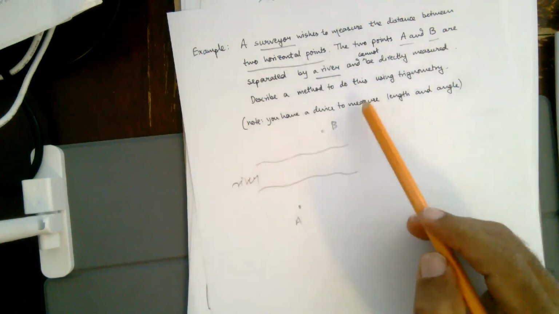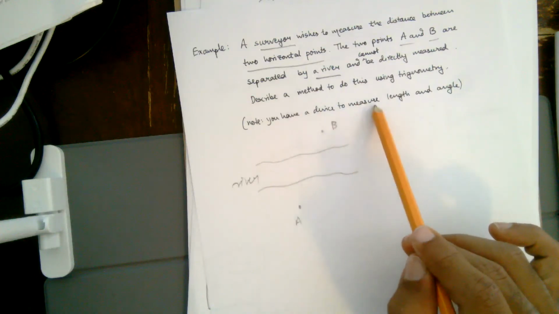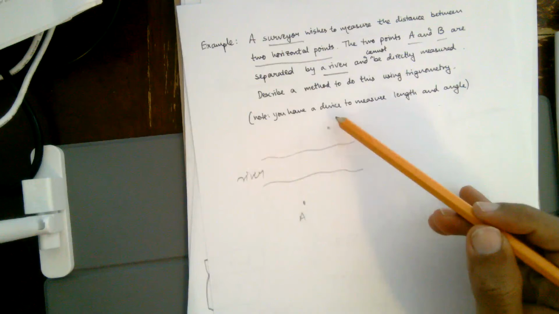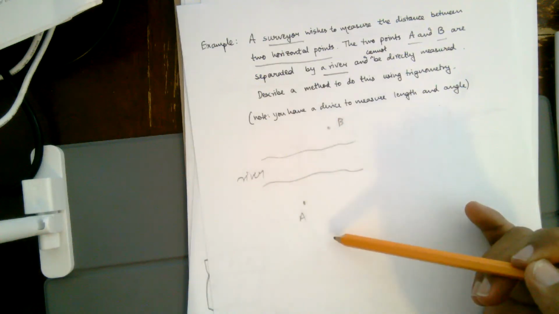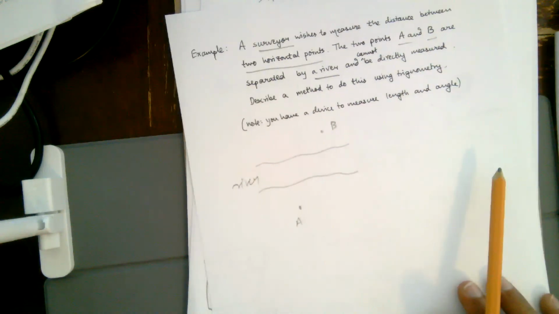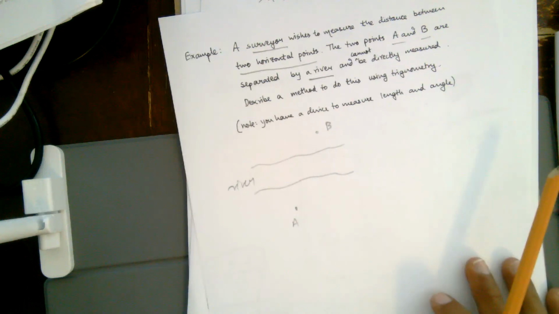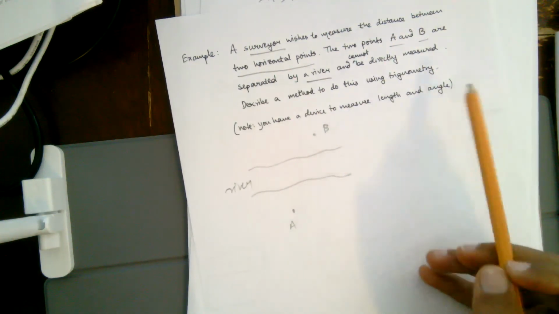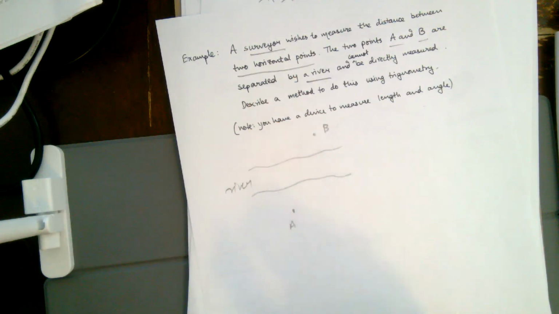Okay, now what do I have? I can measure length, I can measure angle, but I cannot measure length across the river, maybe because the river is too wide. So one possible way to do this, knowing that I can measure length and angle, is to work with right triangles. We just learned that. So I want to create a right triangle somehow.